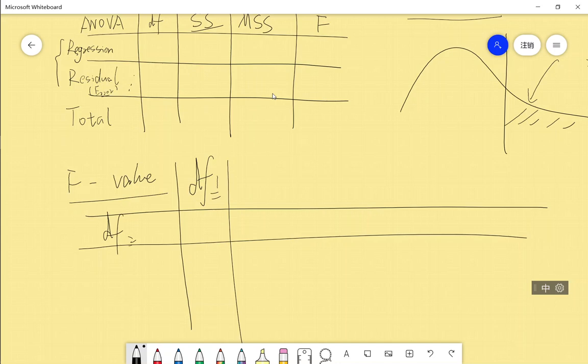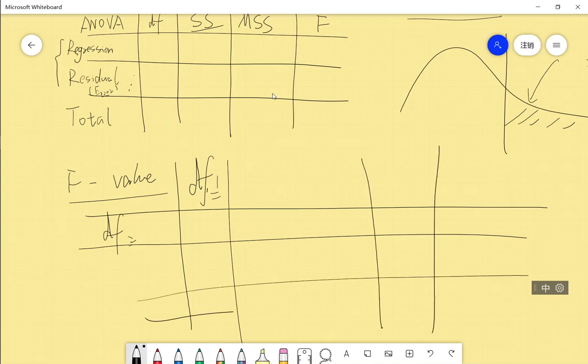You find your numerator degree of freedom and denominator degree of freedom, and you locate the exact critical value.